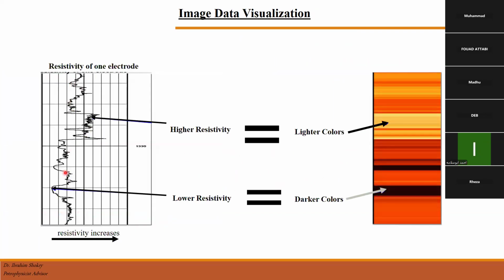Then, after finalizing it, the high resistive appears as a light color, while the low resistive appears as a dark color.